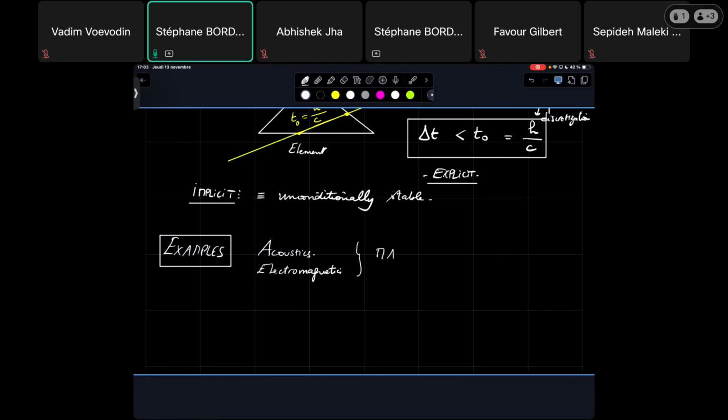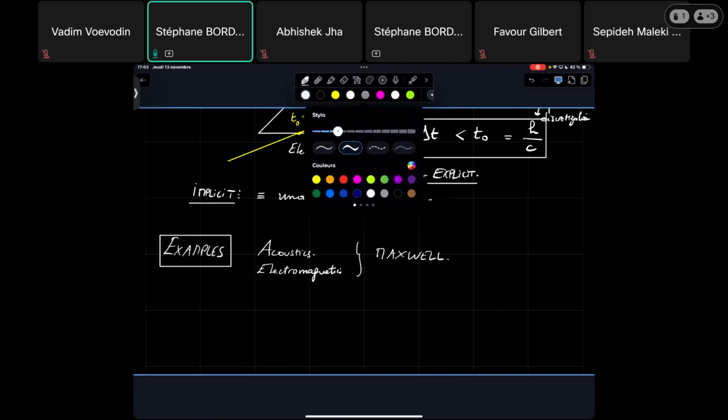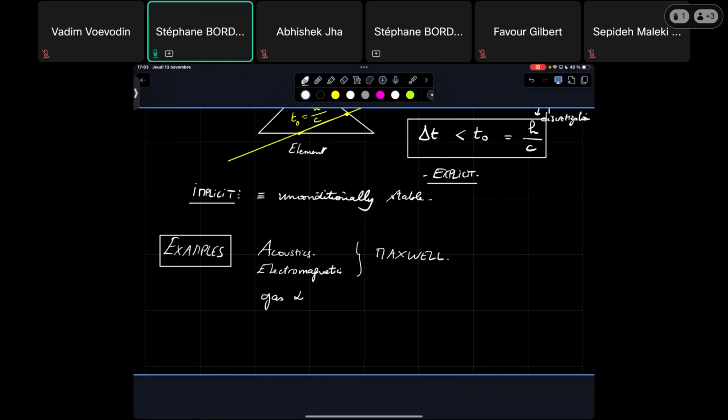Acoustics and electromagnetics are more or less the same thing. It's essentially Maxwell's equations. Gas dynamics. In traffic, you have a conservation law for density, information propagation in supply chain, and so on.